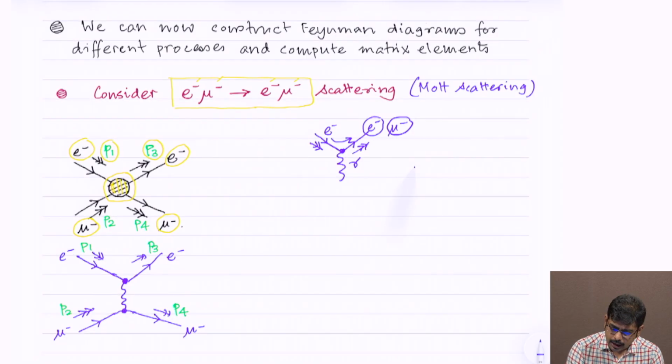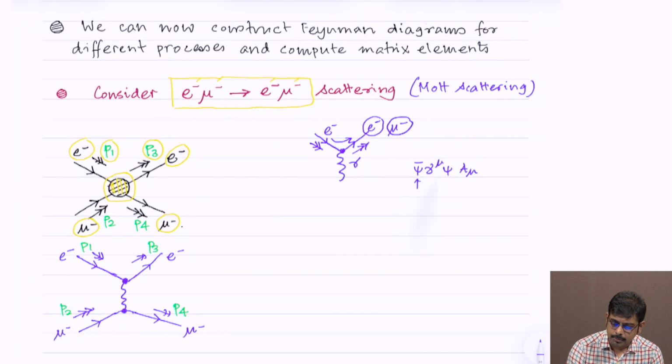But what I cannot do is connect an electron and a muon in the same vertex, because that is not allowed by QED. Remember, the interaction is of the form psi bar gamma mu psi A mu. If psi represents an electron, then it will only be an electron current. If it is a muon, then it will only be a muon current.